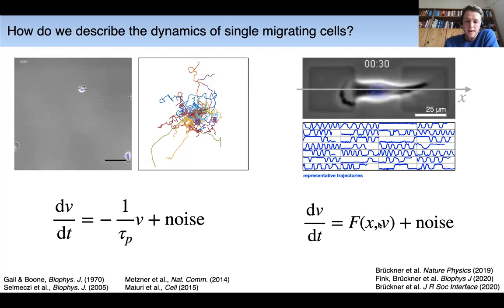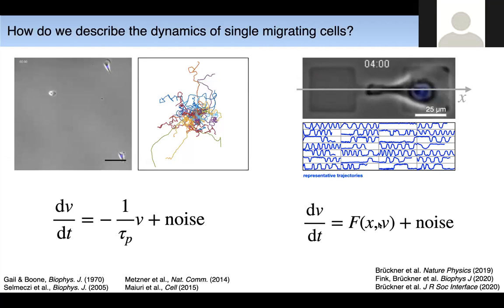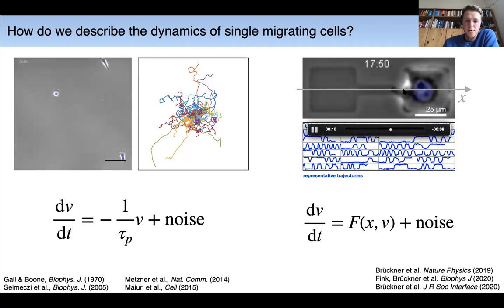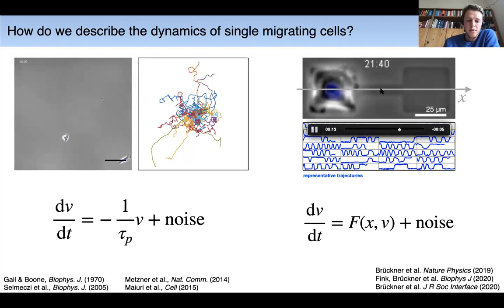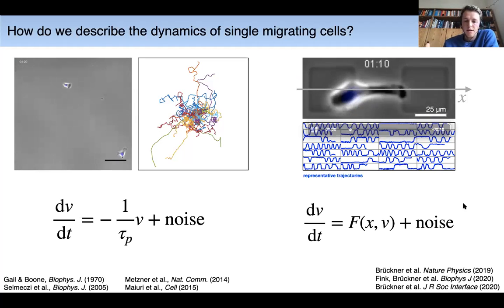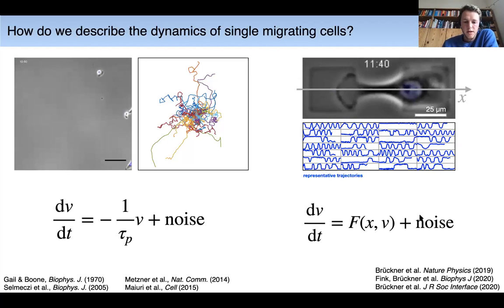That could also be a valid description of these dynamics. But the problem is that we don't observe that polarity. We don't have a simple experimental observable for the polarity of the cell. But we are working on deriving a simple mechanistic model that would include such a polarity, which could then reduce to this kind of equation of motion here.